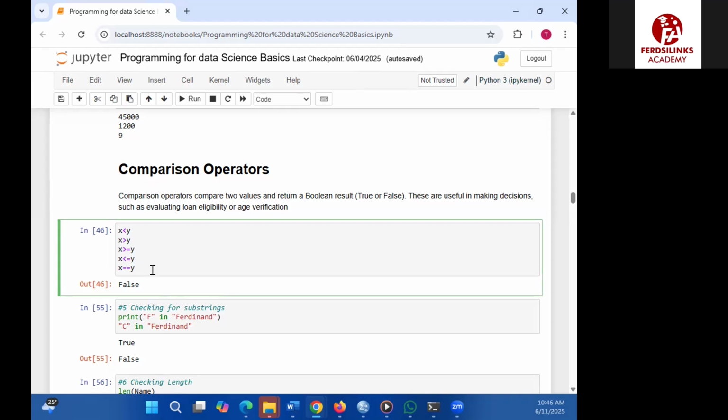Any question? Any question? If you want to say x is different from y, what should we use?